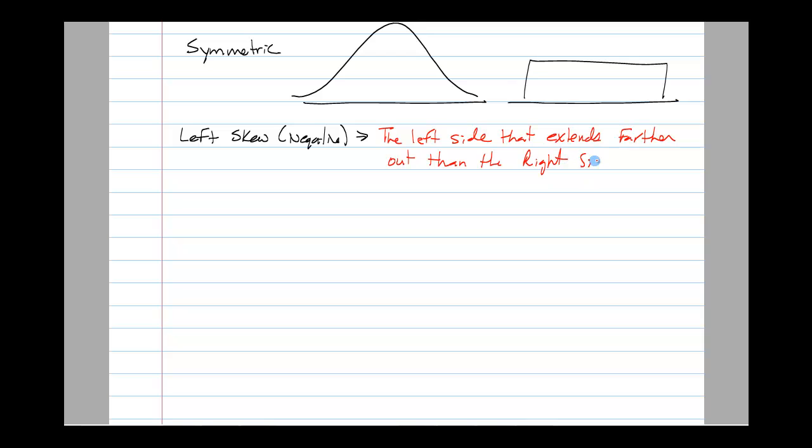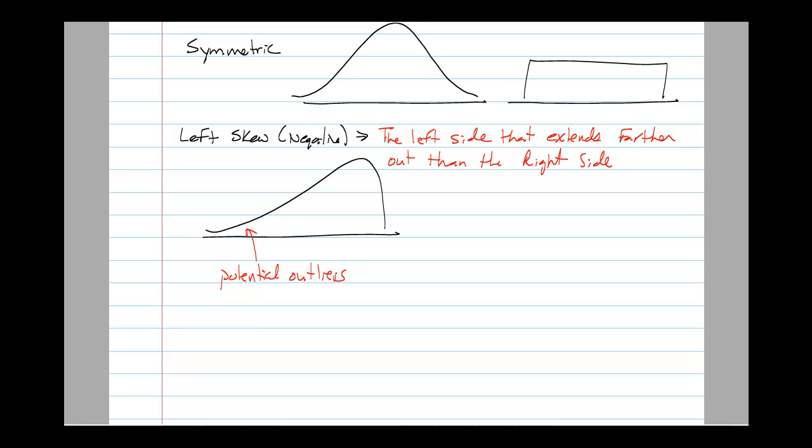When I think about left skew, I think about where the outliers, or potential outliers, are. So the skew is always in the direction of the tail, where the extreme values are.